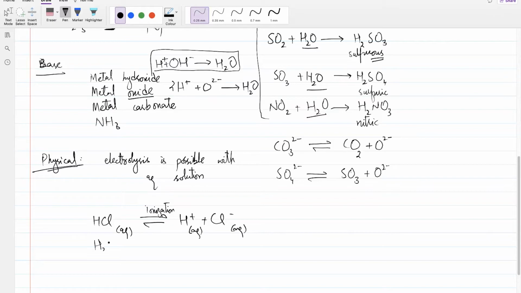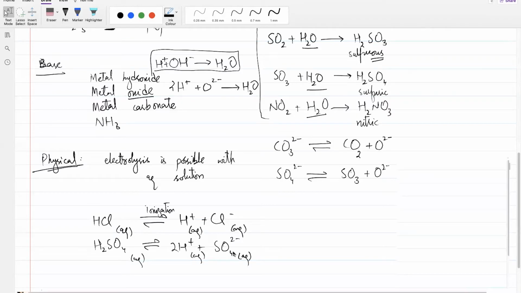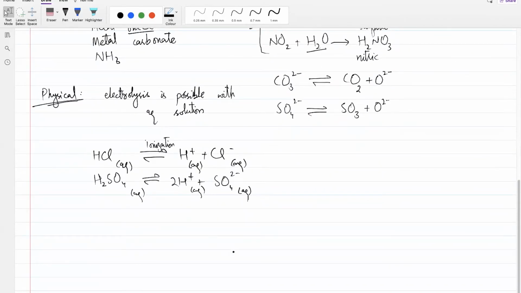H2SO4, you take that, put it in water, it will convert it to H positive and sulfate ion because it's acidic. And that is why things that dissolve in water readily, that ionize, हम कहते हैं कि ये चीजें बहुत स्ट्रॉन्ग एसिड्स हैं या बहुत स्ट्रॉन्ग बेसिस हैं. सोडियम हाइड्रोक्साइड है, put it in water, वैसे ही सॉलिड होगी.